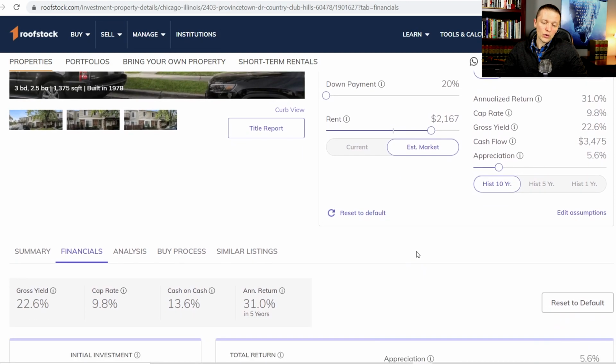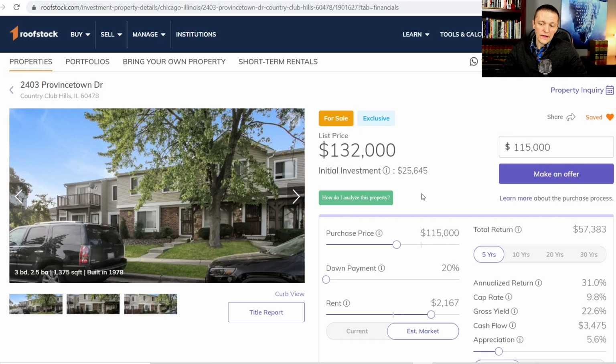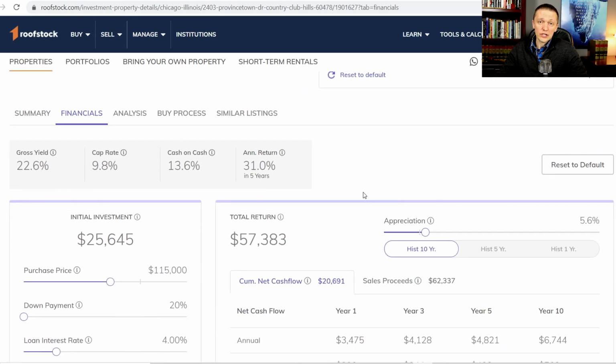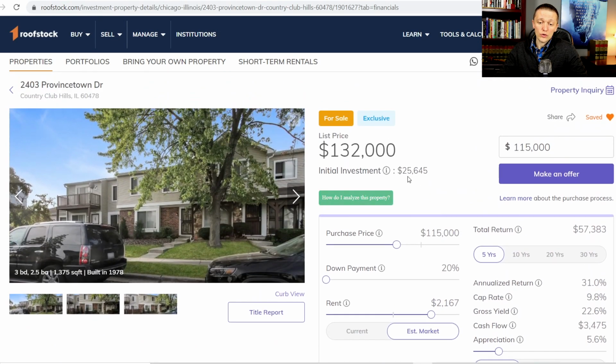And the annual overall return, if you factor in appreciation over 5 years, would rise to 31%. So all in all, I think this would make a pretty reasonably good deal for somebody who's looking to invest out of state and have property management take care of all the issues and simply have a passive investment in a rental property.